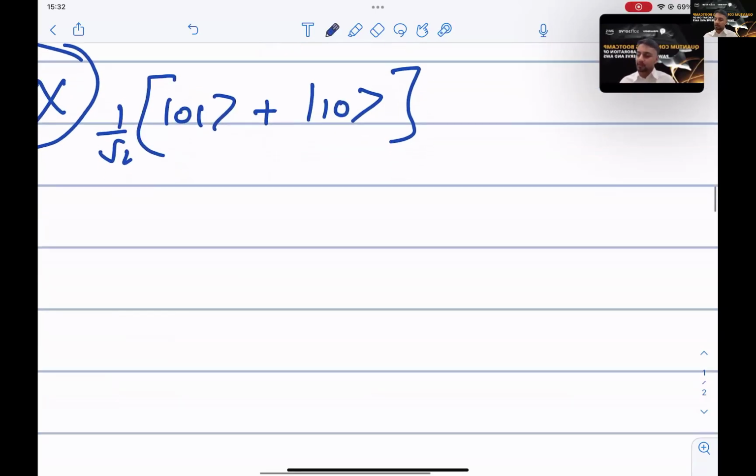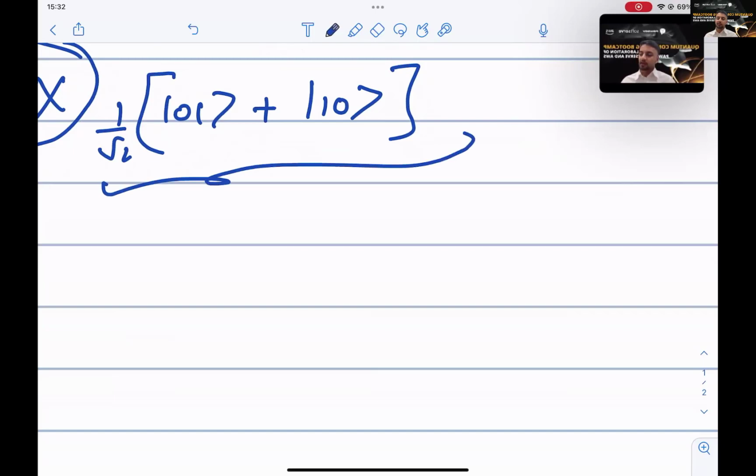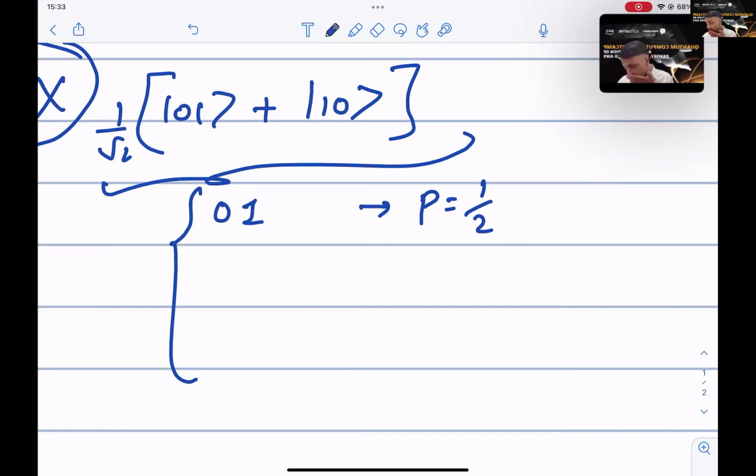One final thing: if I measure this state, what outcomes will I get? This is not two states, actually. This is a single state. So the measurement outcomes are: the first qubit will be measured as 0, and the second qubit will be measured as 1, and this comes with probability 1/2. You learn this in Jonas's lecture, that only the terms in the equation are measurement outcomes.